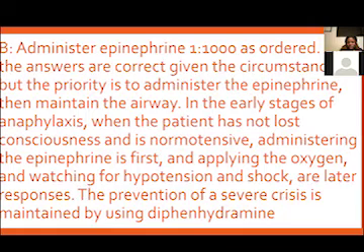So in the early stage of anaphylaxis, when the patient has not lost consciousness or is normotensive, what normotensive means is that they have a normal blood pressure, administer the epinephrine first and apply the oxygen and watch for hypotension, shock, or later responses. So the prevention of a severe crisis is maintained by using diphenhydramine, which is Benadryl. So again, you will give epinephrine first.